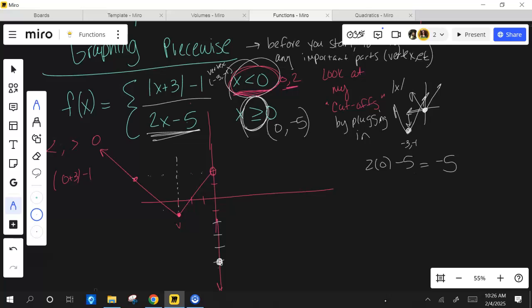Now look, because this is a line, I only need 2 points to graph a line. I'm going to pick an x that's bigger than 0, so I make sure I'm on the right side of 0. 1. If I plug in 1, I get 2 times 1 minus 5, which is -3.